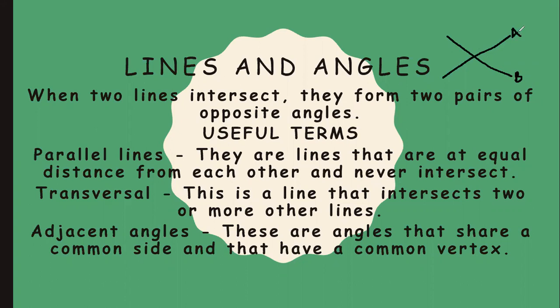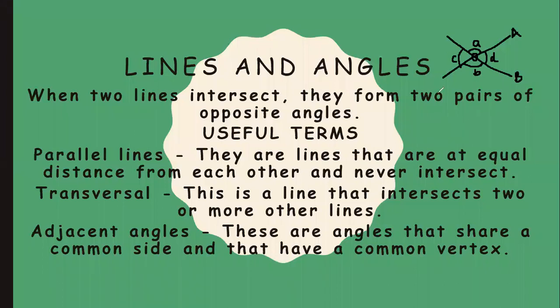When they intersect, they cross each other. And this is the point of intersection. Now let's assume the angle here is angle A. And let's also assume the angle here is angle B. This angle here is angle C. And this angle here is angle D. You can now see that angle C is opposite to D, while A and B are opposite angles.